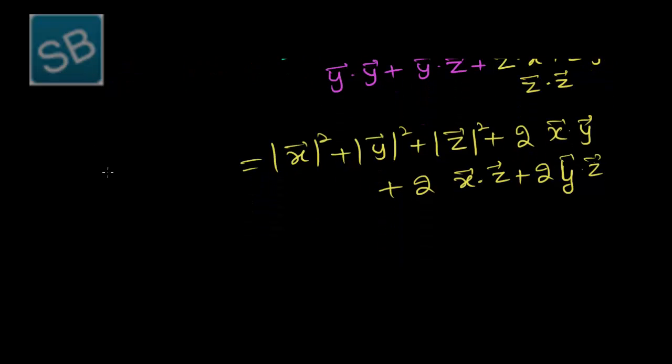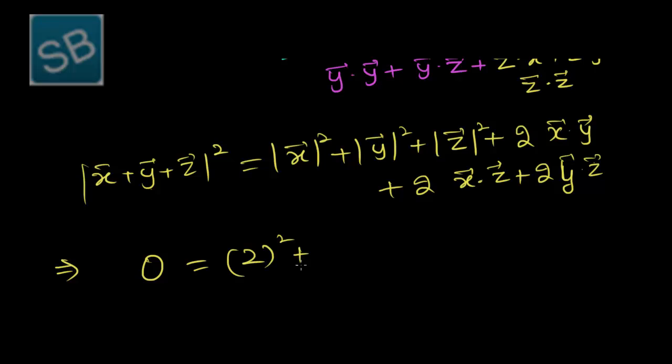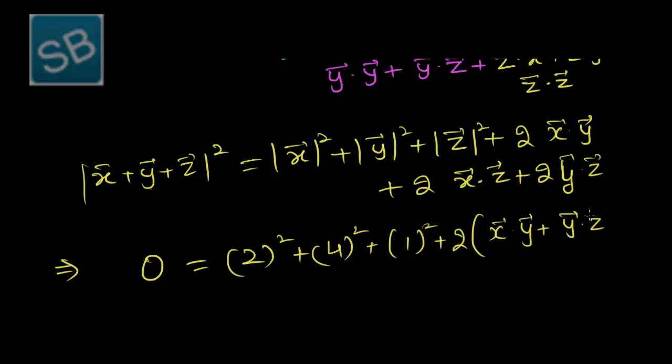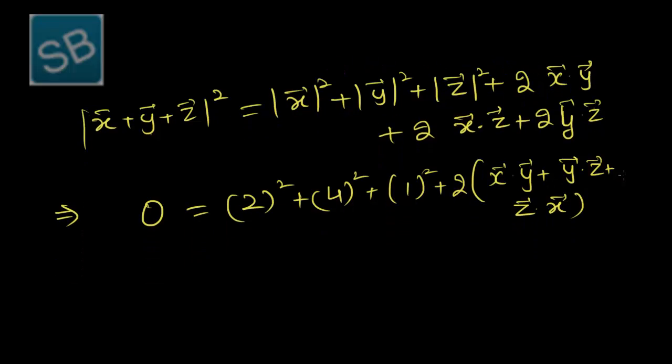And on the left hand side we have mod of vector x plus vector y plus vector z, square. As vector x plus vector y plus vector z is 0, so 0 square is 0. Mod x is 2 square, mod y is 4 square, mod z is 1 square, plus 2 times vector x dot y plus vector y dot z plus vector z dot x or x dot z, whichever, because it is commutative.